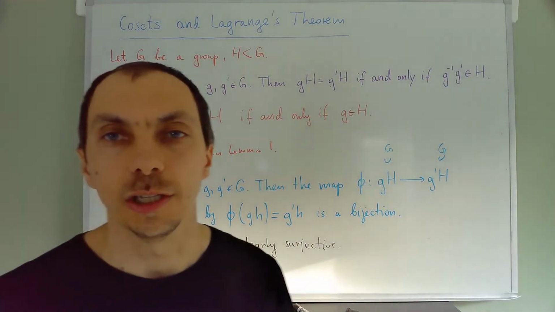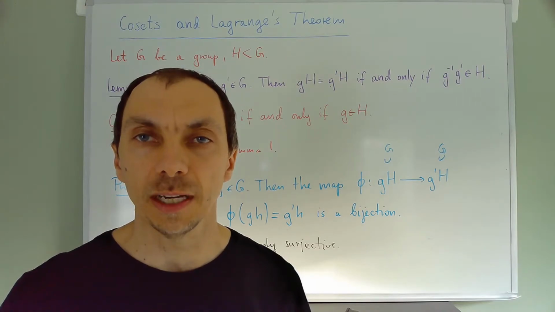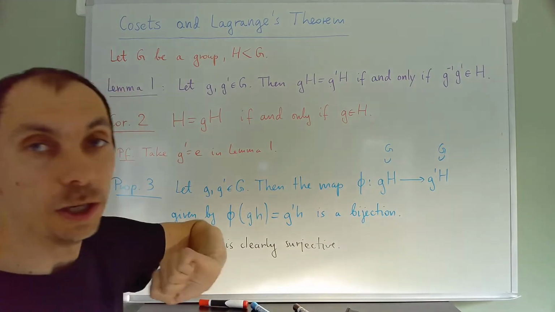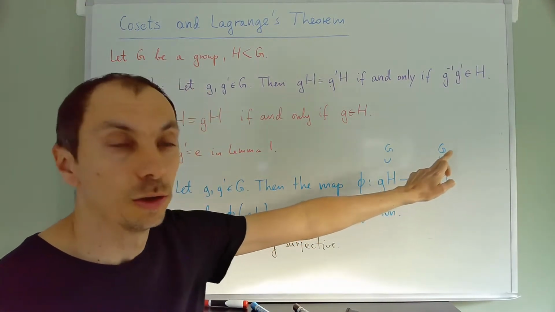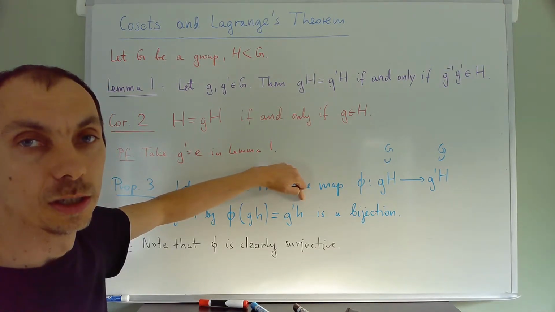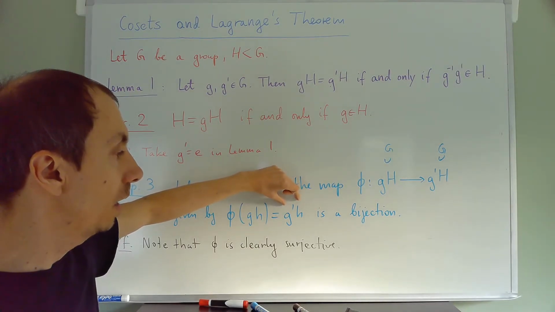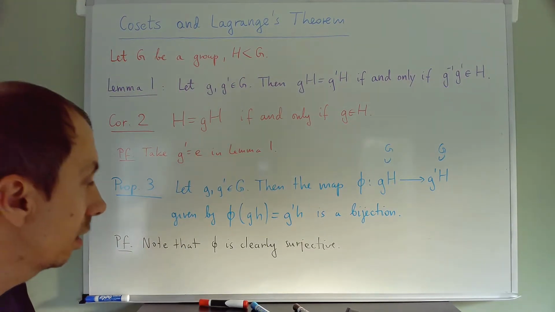Essentially, by definition, what do you need to do to show that some map is surjective? You need to show that you can get every element here as phi of something. But how does an arbitrary element of g'H look like? It's g' times some little h. So I have to now find an element that maps to g'h. Well, gh. So it's clearly surjective.